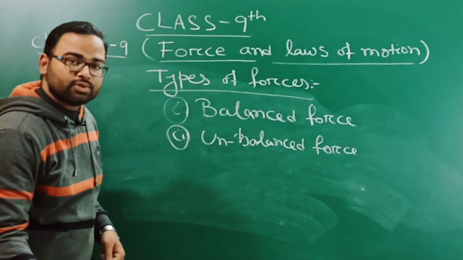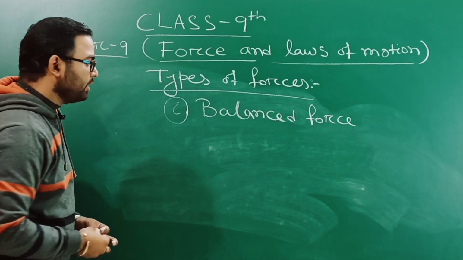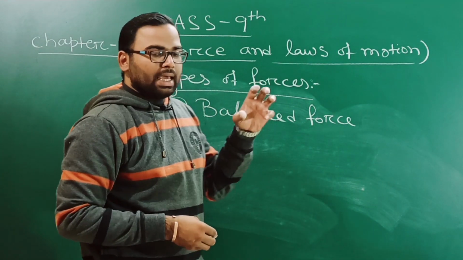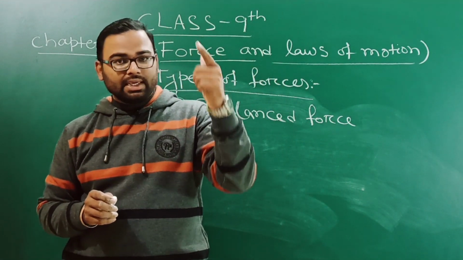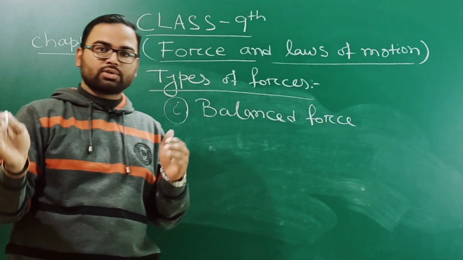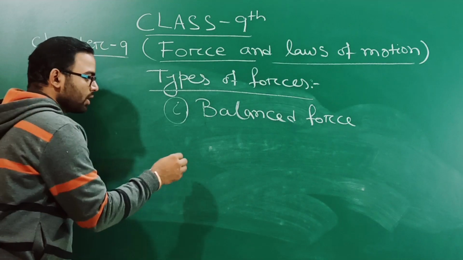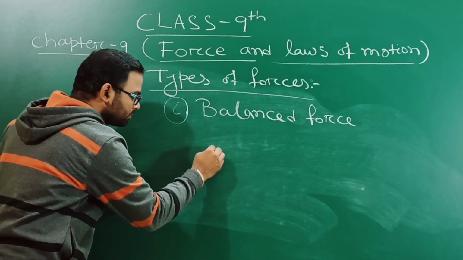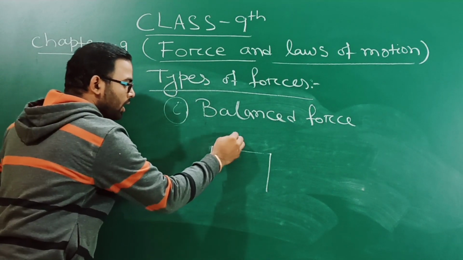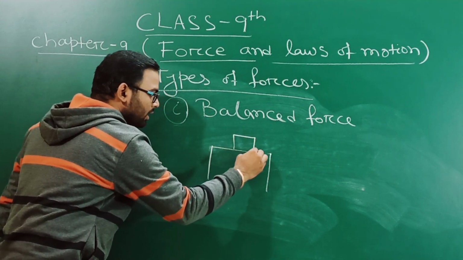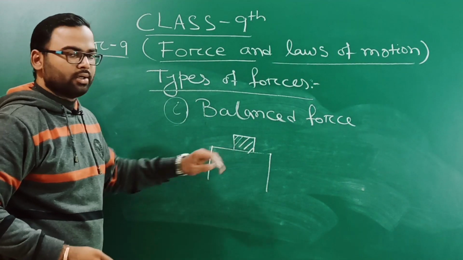What is balanced force then? If a body is experiencing some force and the resultant force is equal to that force, then we can say that is a balanced force. So let us take an example. If there is a table, I will place a mass or any object over here.